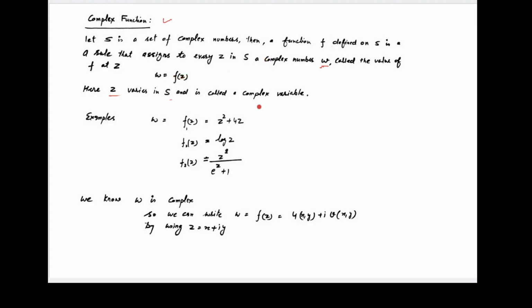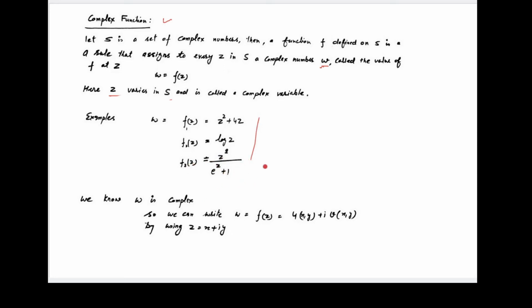For example, f of z is equal to z square plus 4z, then this function is called function of z. Another example of a complex function is f of z equal to log of z. Third example is f of z is equal to z square e raised to z plus 1. There are so many examples we can have.